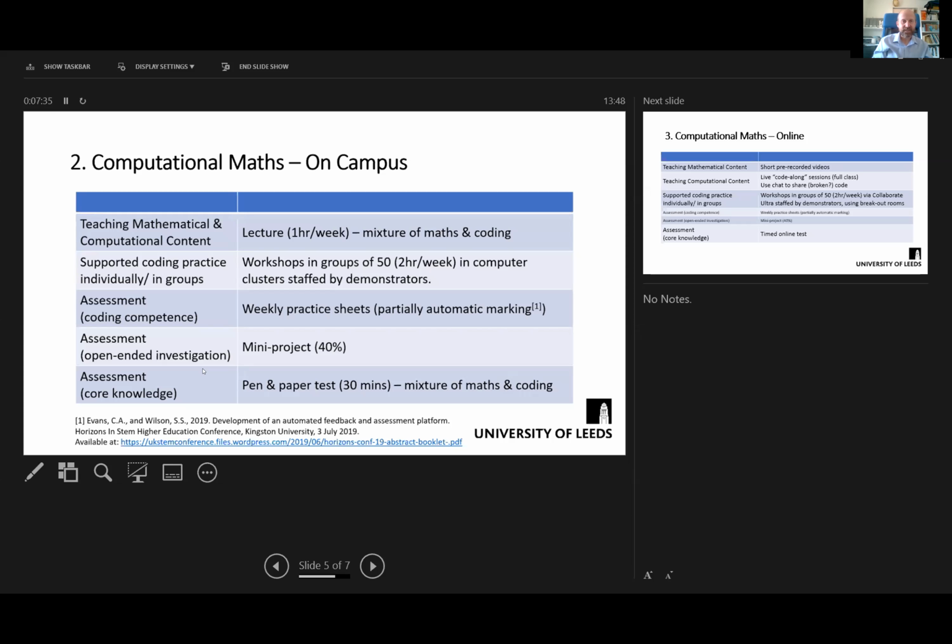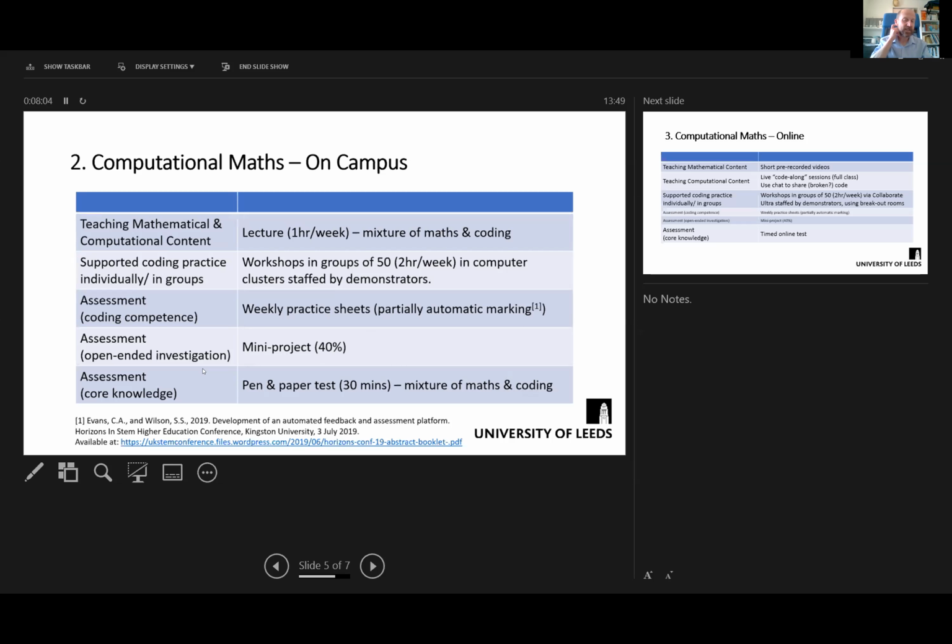How do we assess it at the moment? We want to test their core competency in coding, whether they've managed to grasp the fundamental techniques. So we set weekly practice sheets, and some of these are assessed for credit and some of them are just for formative feedback. And as Richard said, some of these are good for automatic marking, and there are various tools out there to do this, like Gradescope.